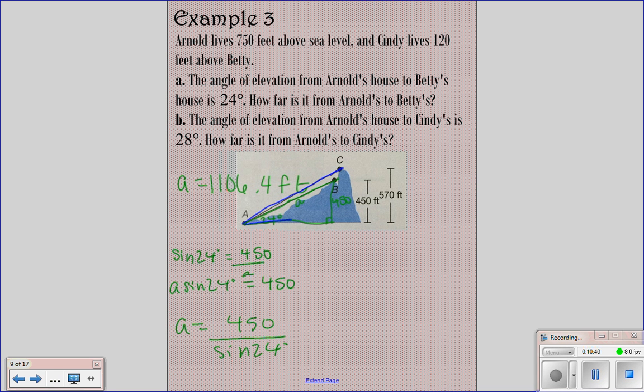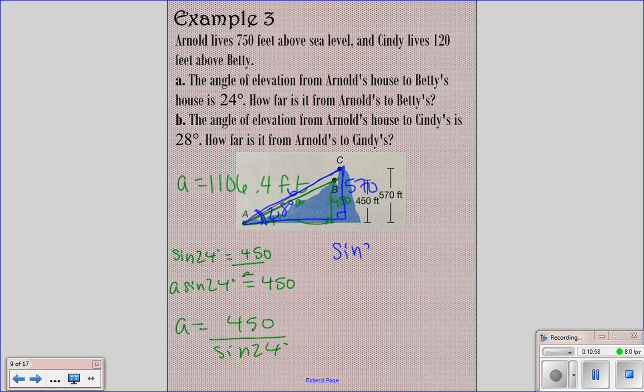So if I draw my new triangle, this angle down here is going to be 28 degrees. And we want to know the distance of the hypotenuse again. And we know the height is 570. So we're again going to use sine.